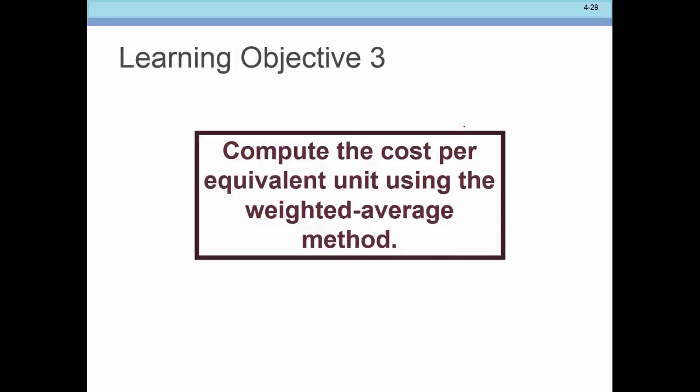So let's go ahead and see how we will come up with a cost per unit. Once we come up with that cost per unit using our equivalent units, we will be able to make our journal entries for transferring our costs from department to department and then to finished goods.